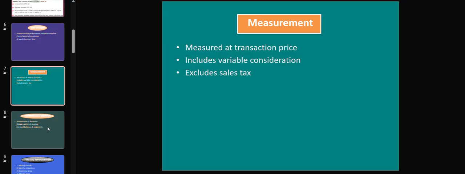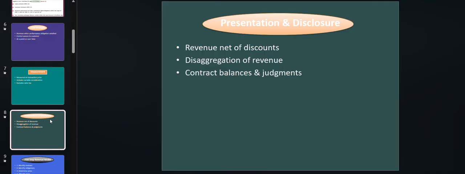Next, we have the presentation and disclosure of IFRS 15. Revenue should be presented net of discounts. IFRS 15 also requires detailed disclosures, including disaggregation of revenue, contract balances, and significant judgments used in applying IFRS 15.